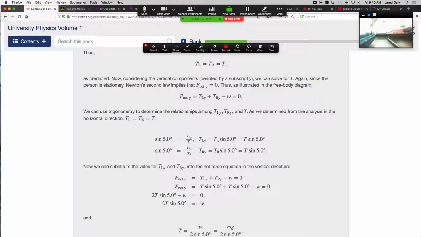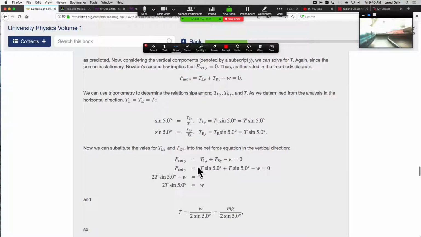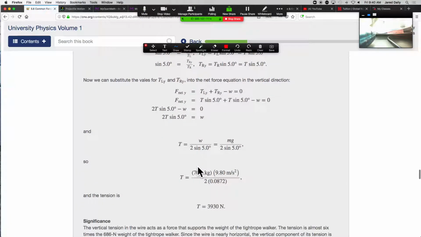Then here is the equation. This is one of those very useful equations where the tension can be related to the weight. So tension and weight are both in this equation right here. So that's a useful one.